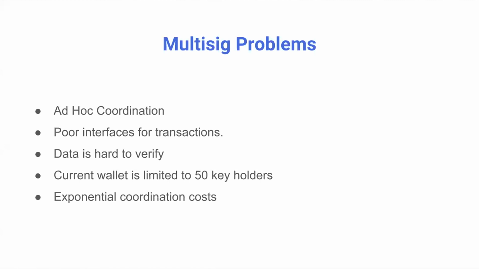And just to sum all this up, it really just leads to exponential coordination costs. If you have a multisig wallet that requires 2 confirmations, compared with a multisig wallet that requires 3 confirmations, our experience has been that it's been like to the third power harder to get 3 people to sign off a transaction than it is 2 people to confirm a transaction.